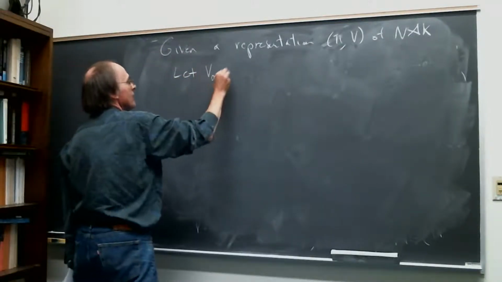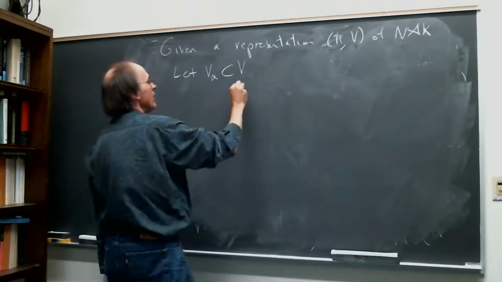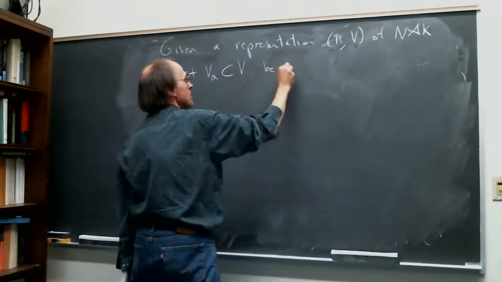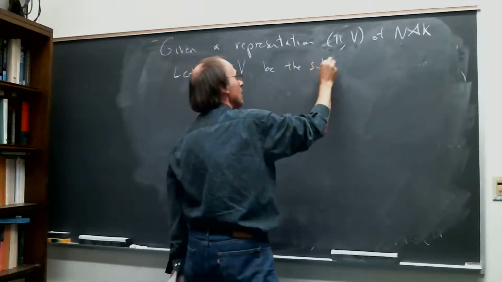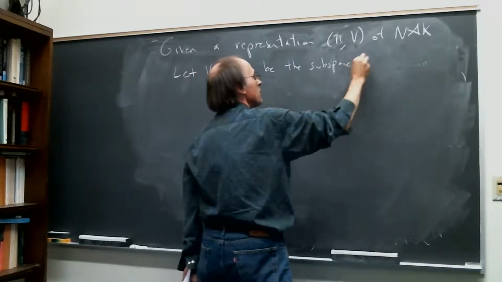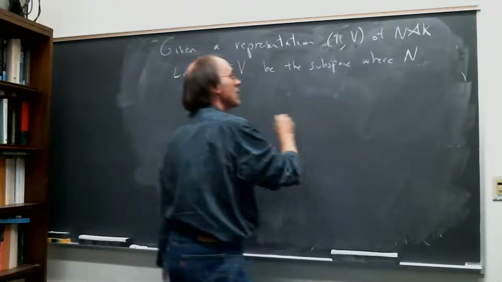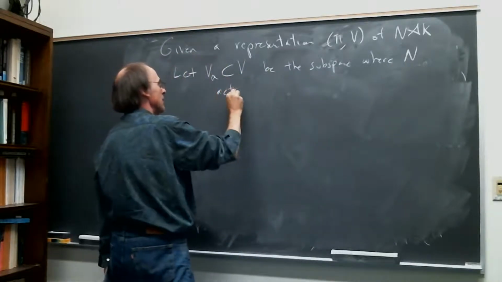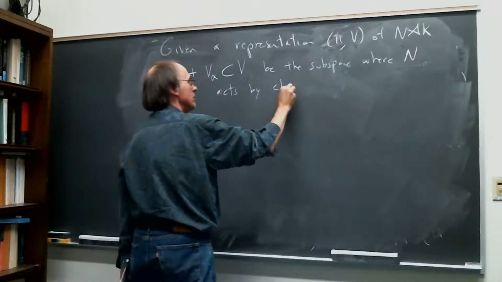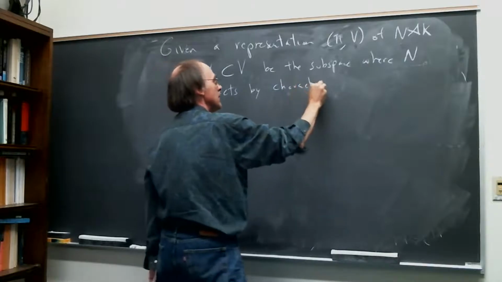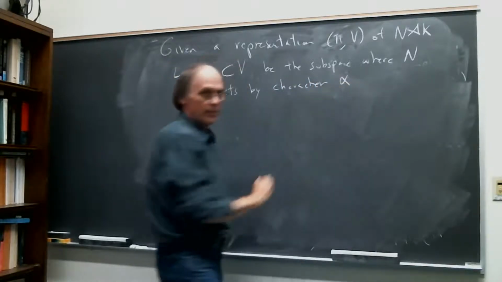So let V sub alpha be the subspace where n acts by the character alpha. Okay.